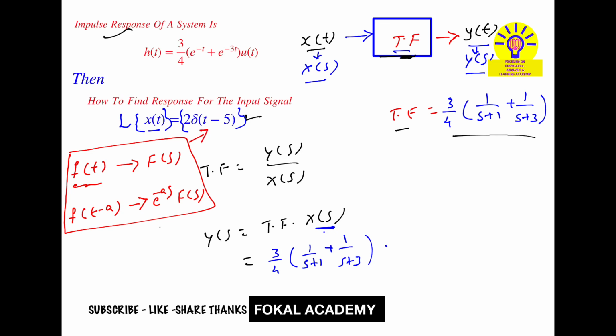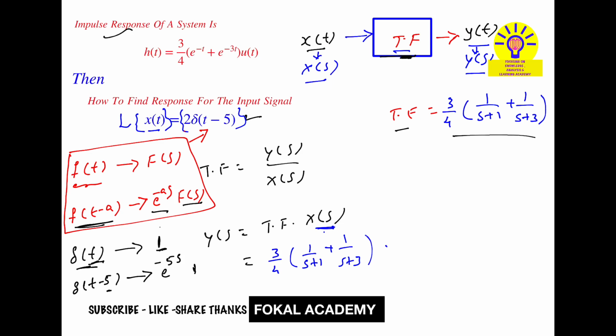Suppose delta of t is there. We know its Laplace transform is 1. Now apply the time shift for this function, that is delta of t minus 5. This is f of t, and F of s is 1. The factor is e power minus as, where a is 5, so e power minus 5s.